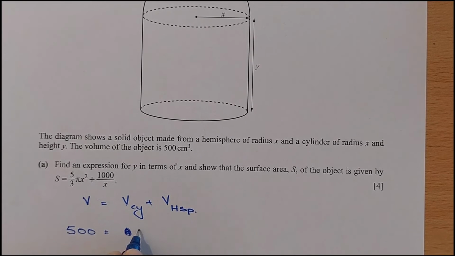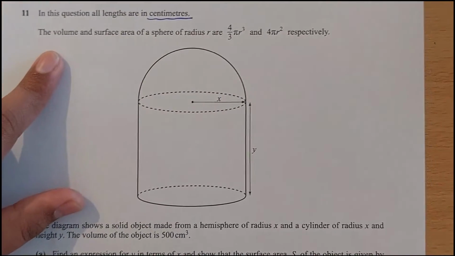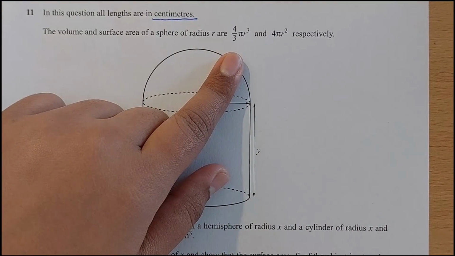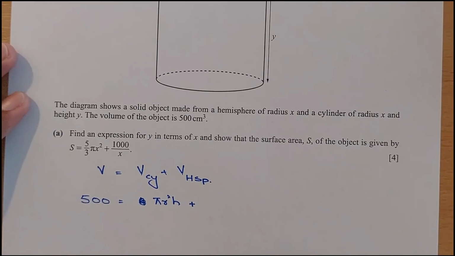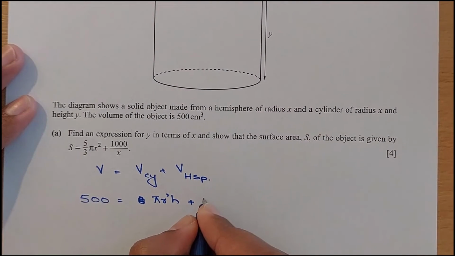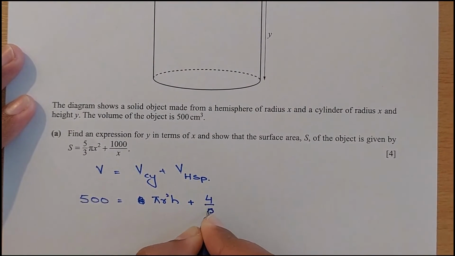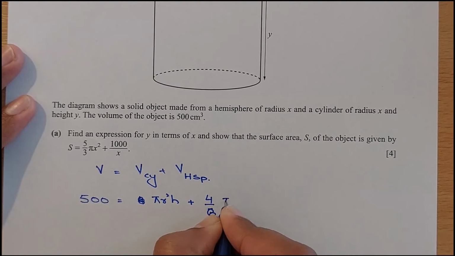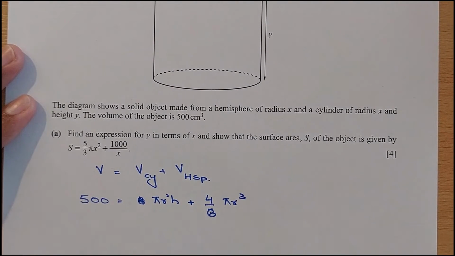Volume of a cylinder is just pi r squared h plus volume of hemisphere. As we have given at the top, the volume of a sphere is 4 by 3 pi r cubed, and for a hemisphere we need to divide it by 2, so that is equal to 4 by 6, 2 by 3 pi r cubed, right?